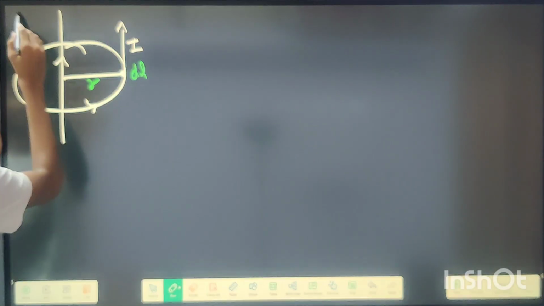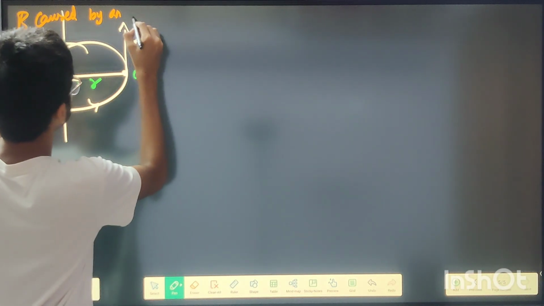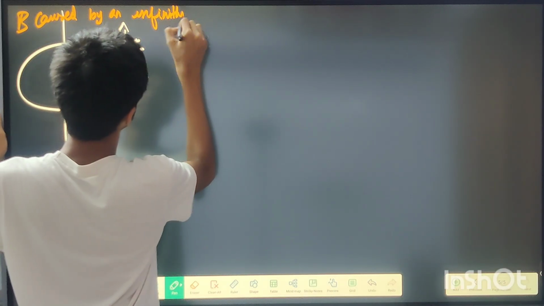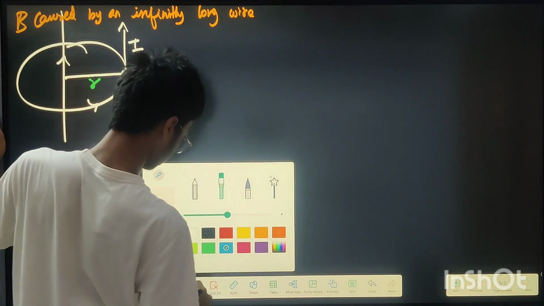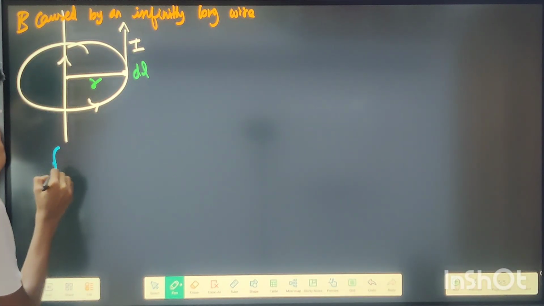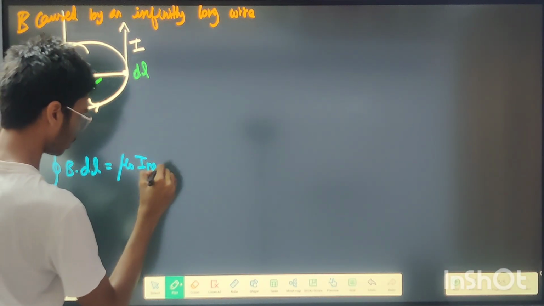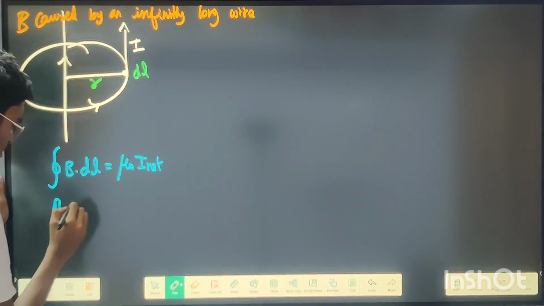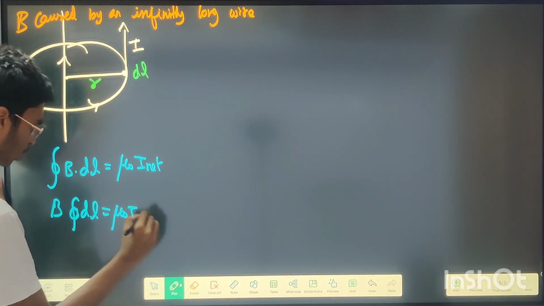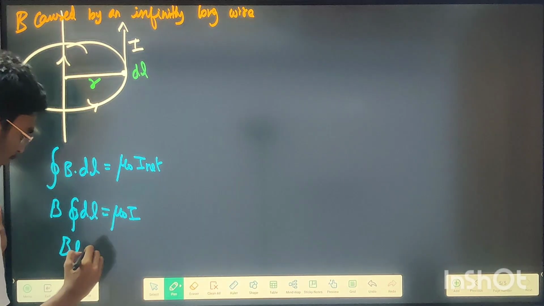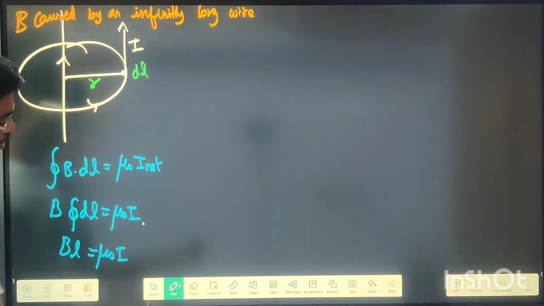First I'll write the heading: B caused by an infinitely long wire, which is the integral of B dot dl equal to mu naught I net. Then B times the integral of dl is equal to mu naught I. I have written net simply as I, you can also write it as net, no problem.